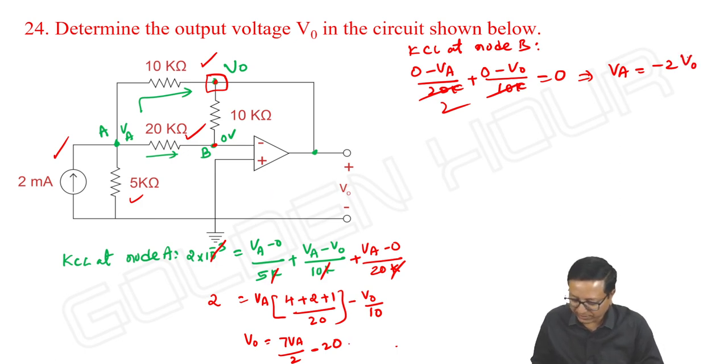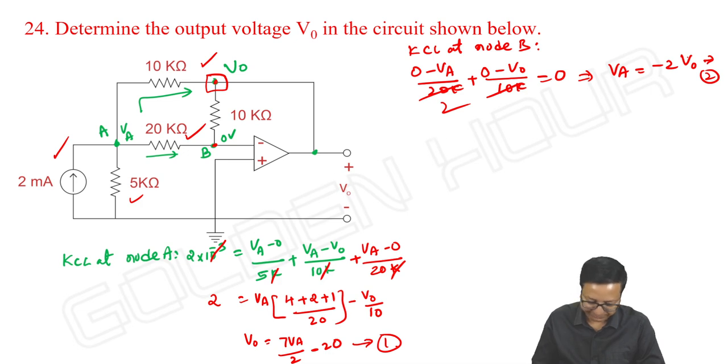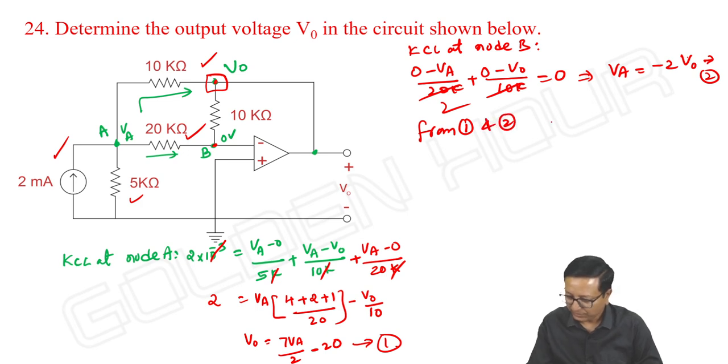Now let us take this equation. Let me take it as equation 1 and equation 2. From 1 and 2, V output is equal to 7 by 2 into VA, which is minus 2 V naught minus 20.